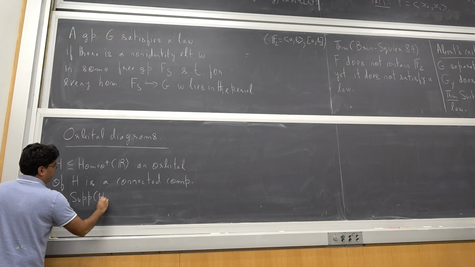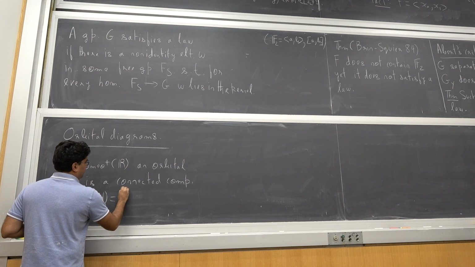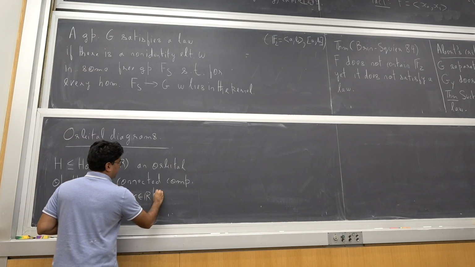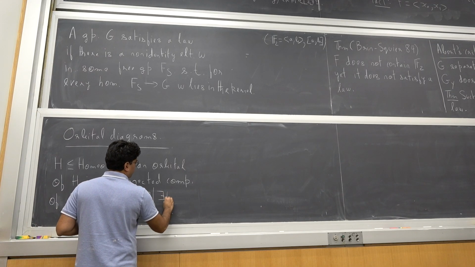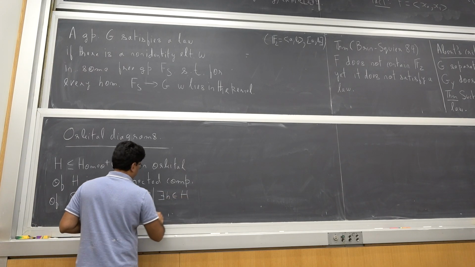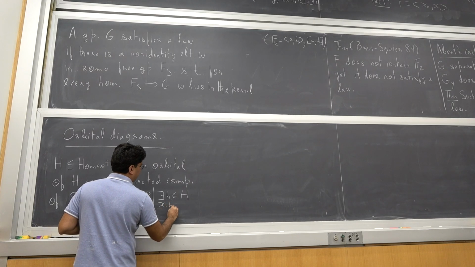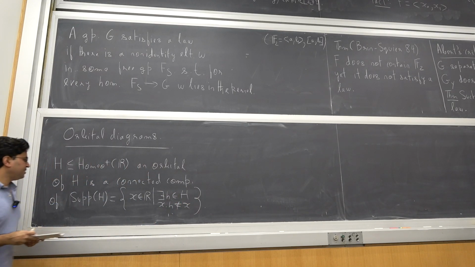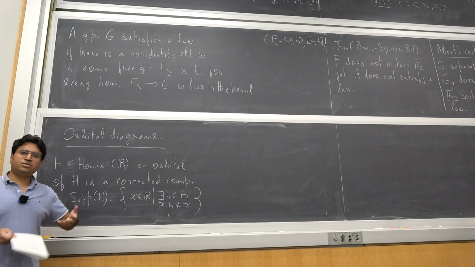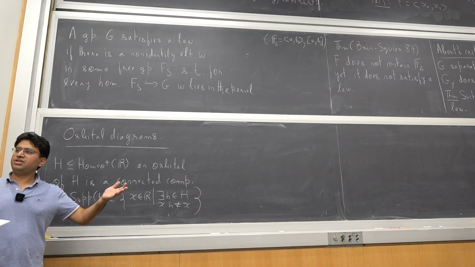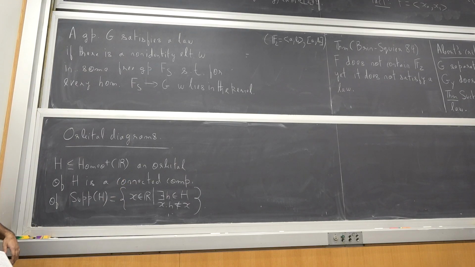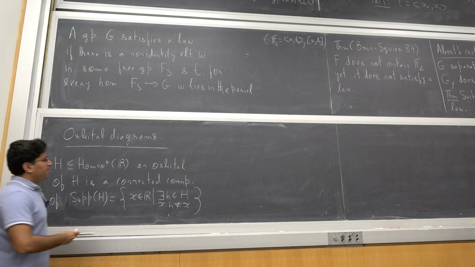So the support of H is the open set consisting of points that are moved by some element of H. So there is some little h such that x dot little h is not equal to x. This is going to be an open set, and so it's going to be some union of intervals, and if you pick your favorite connected component, that's an orbital.